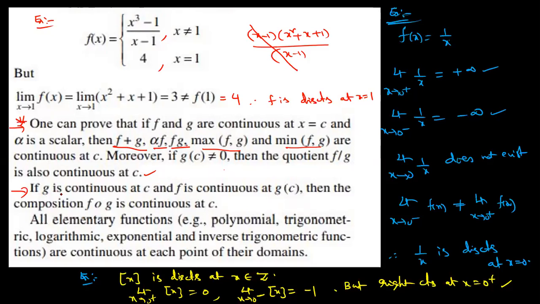Second point, another point. If g is continuous at x equal to c, fine, and f is continuous at g of c, then the composite function, that is f circle g, is also continuous at x equal to c.